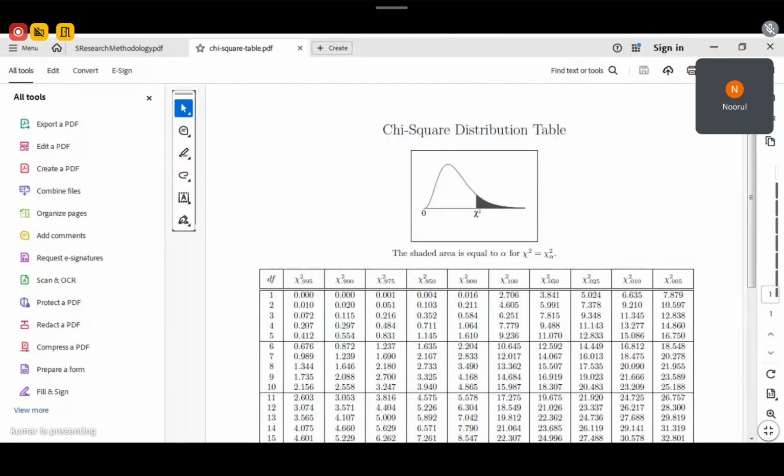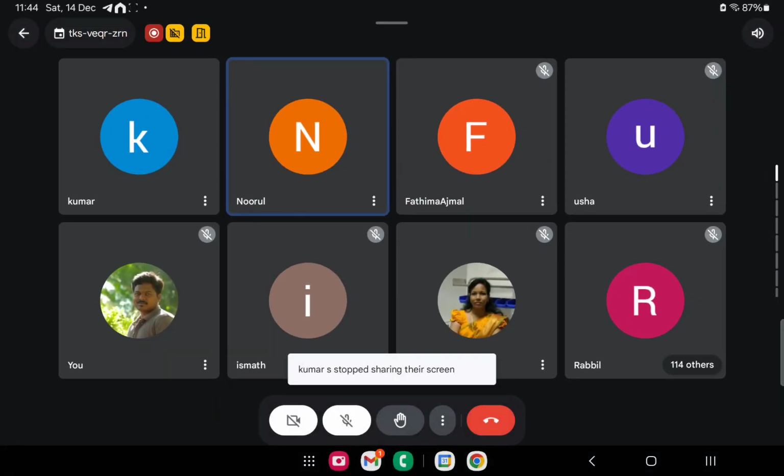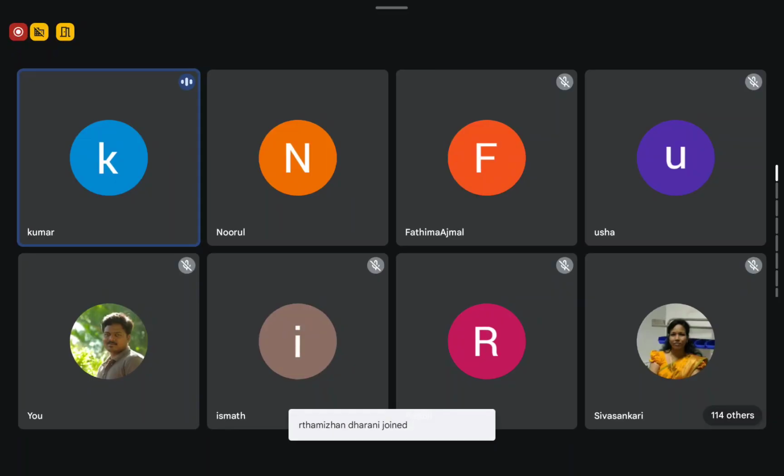Sir, in this question we have taken chi-square 5%, sir. Not chi-square 5%, the level of significance is 5%. How should we take that, sir? Either 5% or 1% you have to take naturally. Sir, can you please explain, sir?